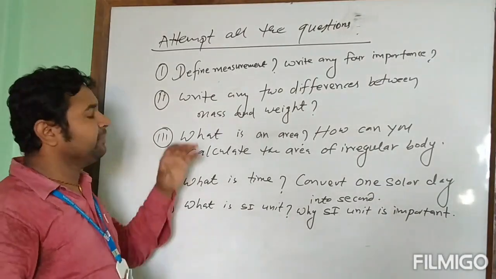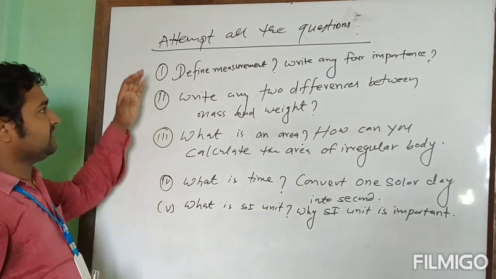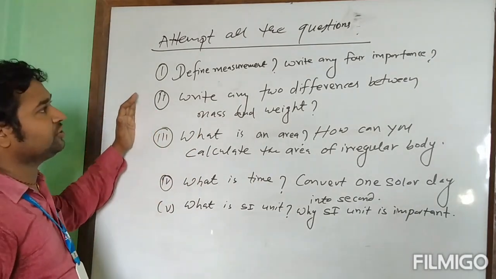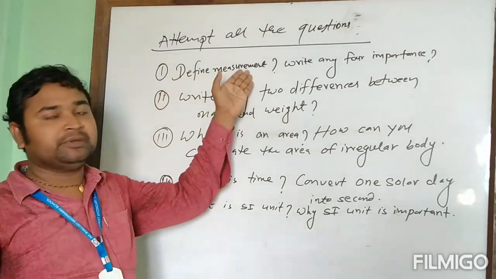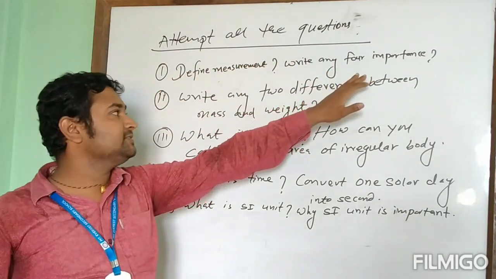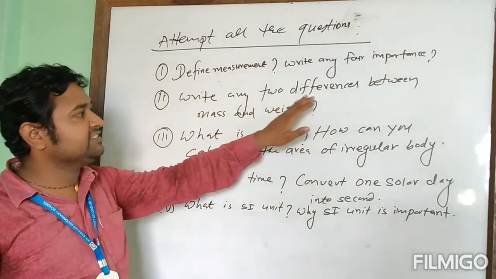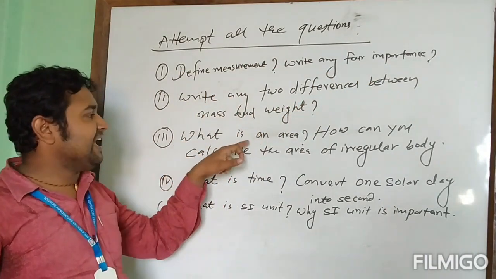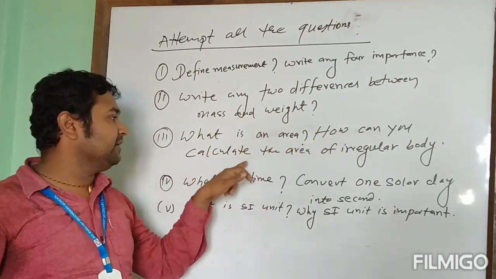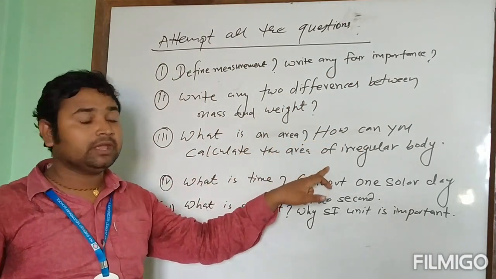Okay. After the numerical problems, let me tell you some questions related to measurement for your homework. How do you define measurement? Write any 4 importance. Write any 2 differences between mass and weight. What is an area? How can we calculate the area of an irregular body?